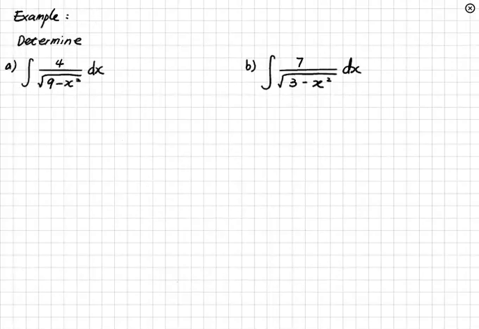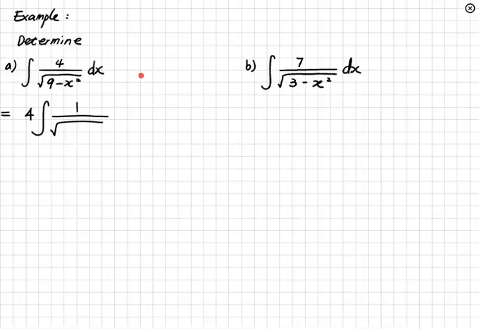The first question, we have 4 on square root of 9 minus x squared. Now the top number is positive, and we have a square root, and we have something minus x squared. So probably the closest one is the arc sine one, but it's not complete in that format yet, because for the arc sine, we must have 1 on the top. So what that means is we can take the 4 out. So that will give us 1 over square root.